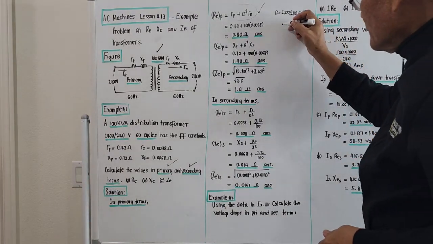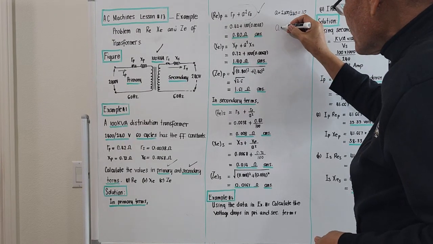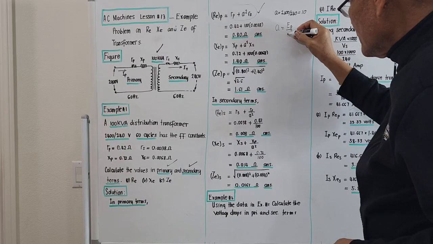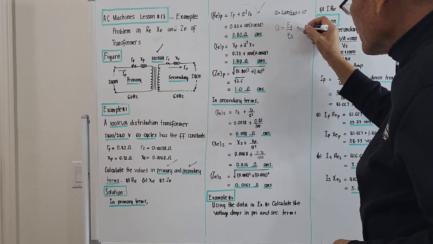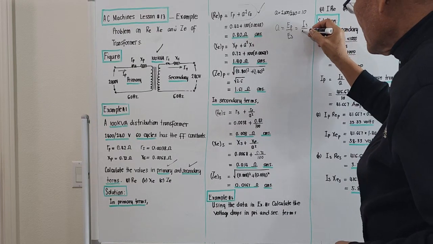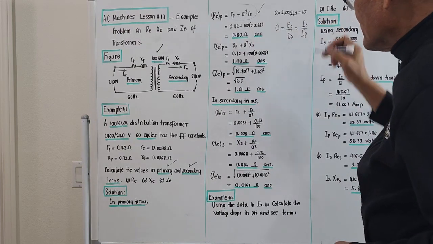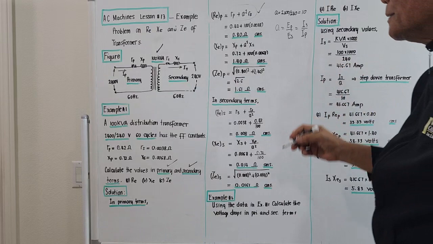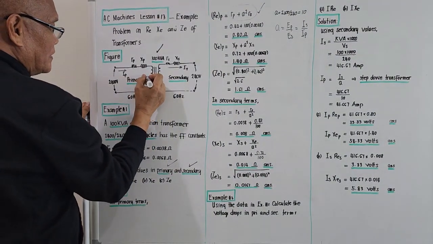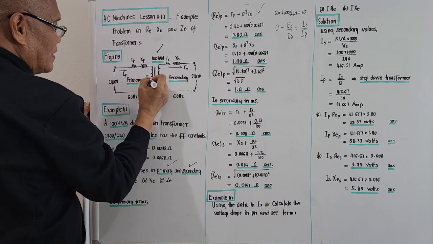By definition, ratio of transformation is actually the induced voltage on the primary over the induced voltage on the secondary, and this should be equal to the secondary current over the primary current, right? Where is E sub P? E sub P is here, right?